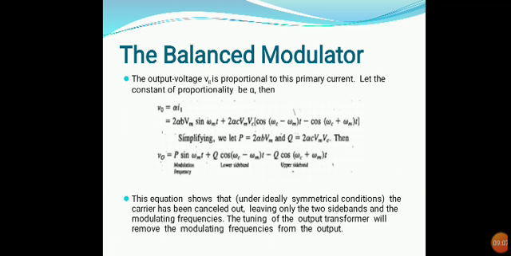It is almost 1000 times lower than the sideband frequencies. So this signal can be easily removed by proper tuning of the balanced modulator output circuit. The remaining two terms are just sidebands, the lower sideband and the upper sideband. Hence, from the equation you will easily come to know that the carrier is suppressed. It is not present in the output.